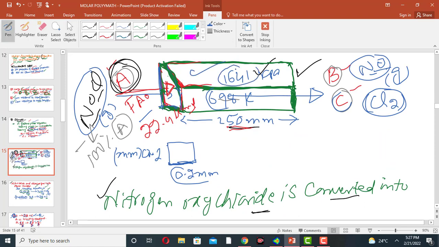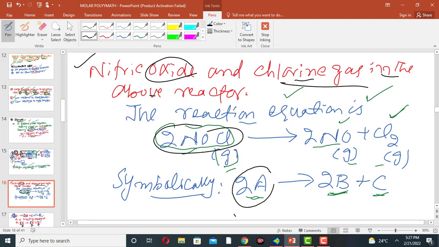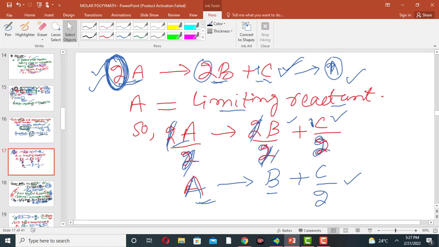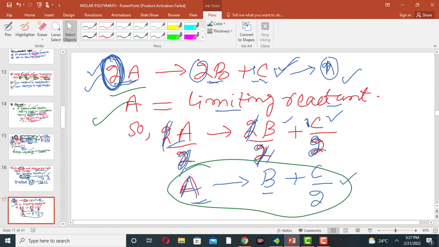The pressure and temperature were given, and nitrosyl chloride is converted into nitric oxide and chlorine gas. This was the symbolic form of the reaction. A was the limiting reactant, and this was the final symbolic form of our reaction.